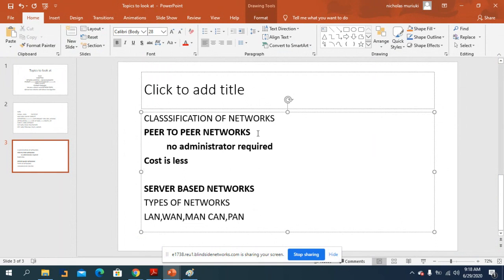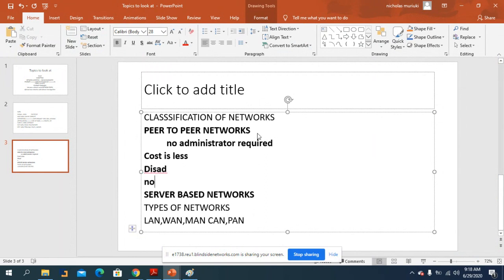And when you look at this, there is no security. So as a disadvantage, there is no security. Why don't we have security at this point? It's because when I'm communicating with you, if I want to communicate with another person, I have to create another password.